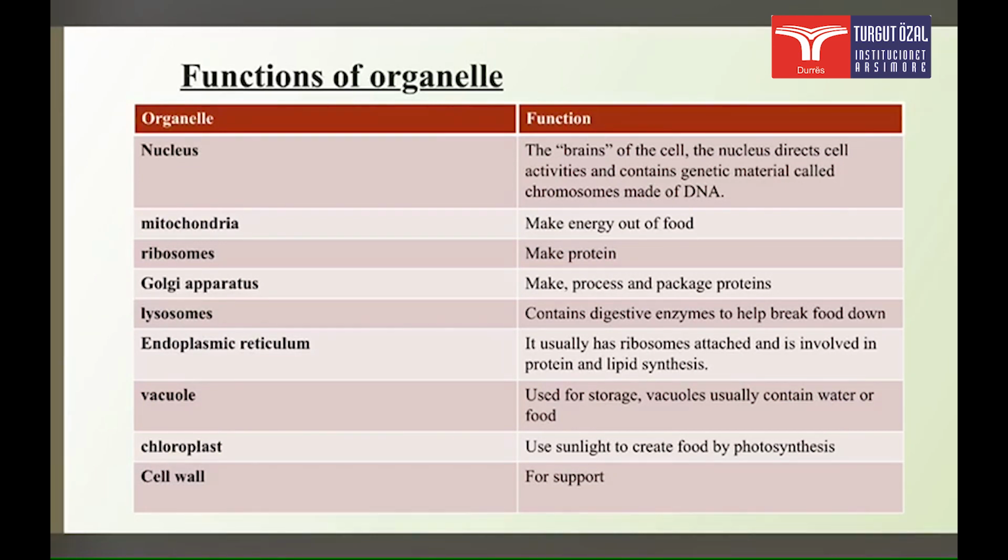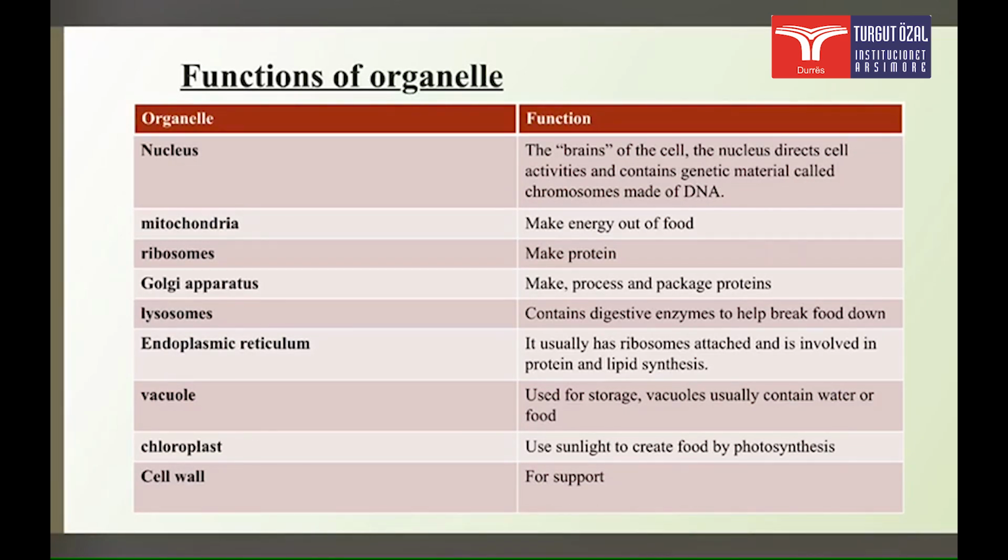Lysosomes contain digestive enzymes to help break food down. Endoplasmic reticulum usually has ribosomes attached and is involved in protein and lipid synthesis. Vacuole is used for storage; vacuoles contain water or food.